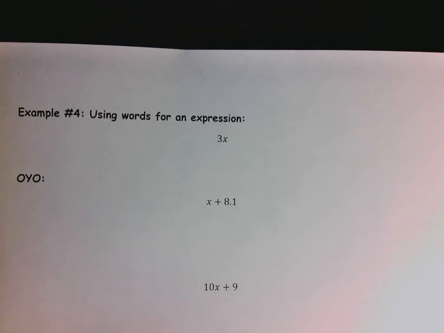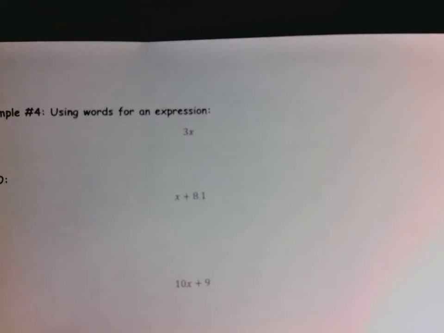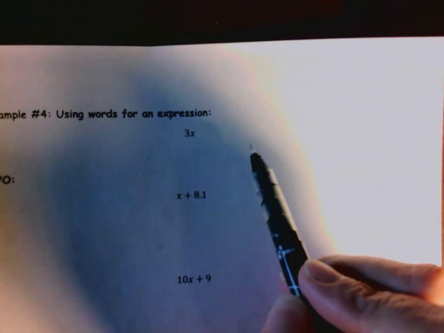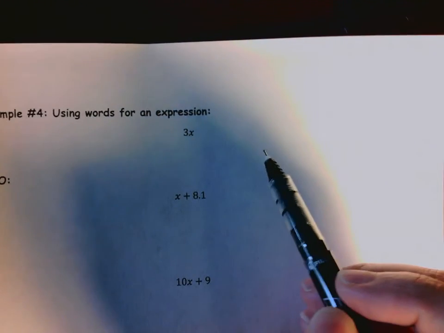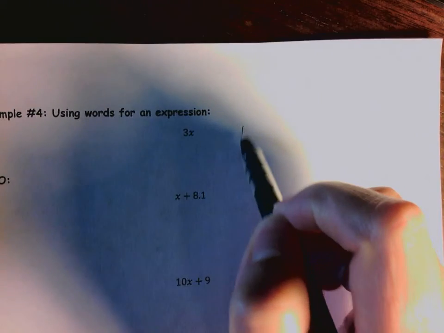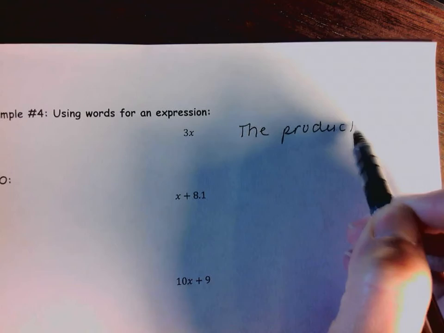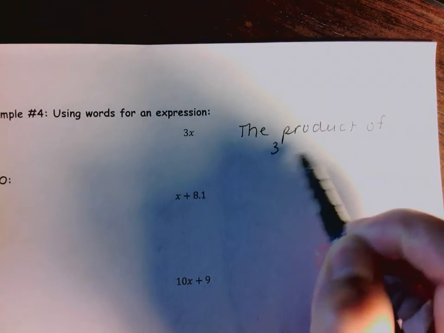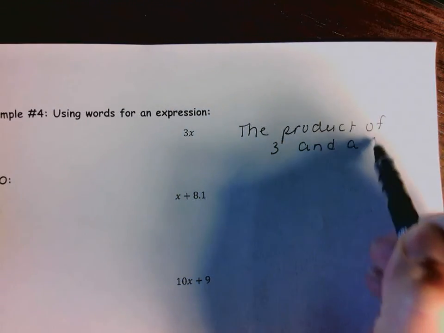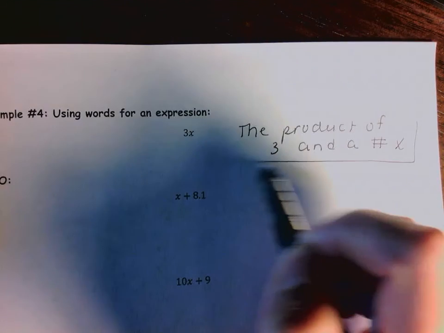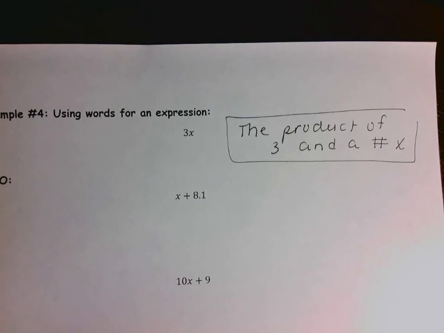And so what I'm going to say in a situation like this is the product of 3 and a number x. I want to use words like product and not times. Same thing with division. I want to use words like quotient, not divided by. I just want to learn to speak math.